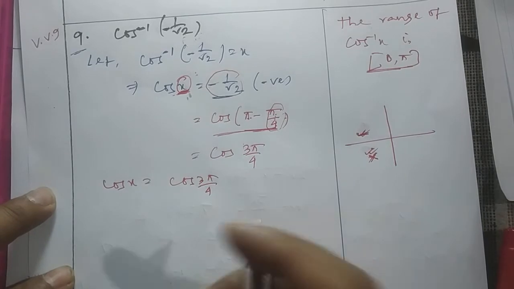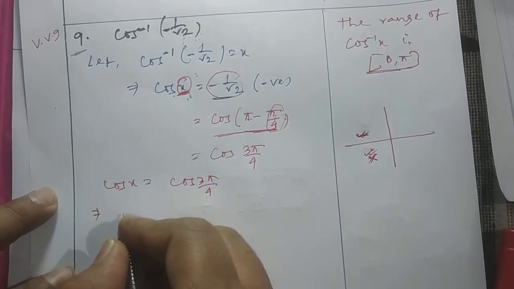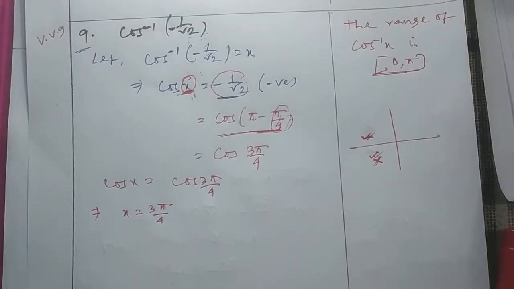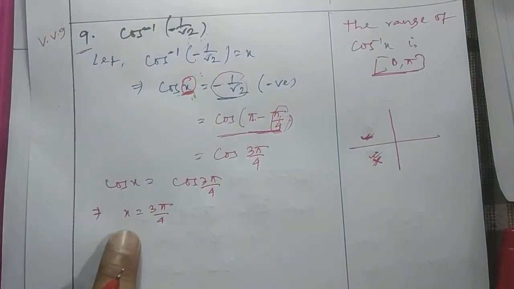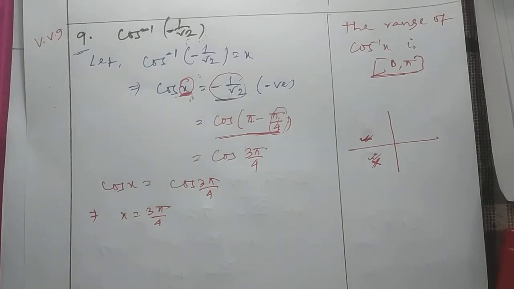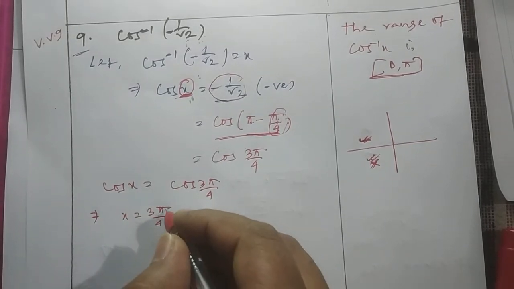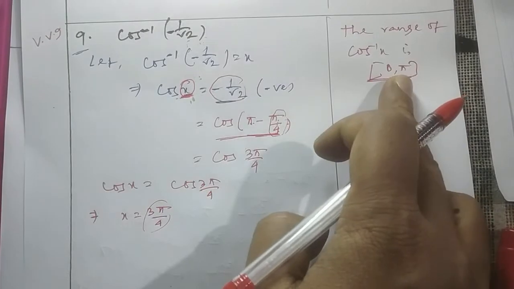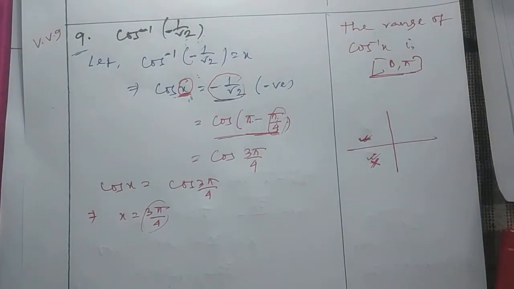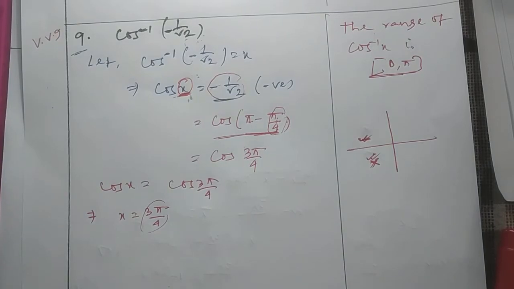Now on comparing both sides we got x equal to 3 pi by 4. Now we have to check whether this angle belongs to the range of cos inverse x or not. If it belongs, it will be the required PV, otherwise not.